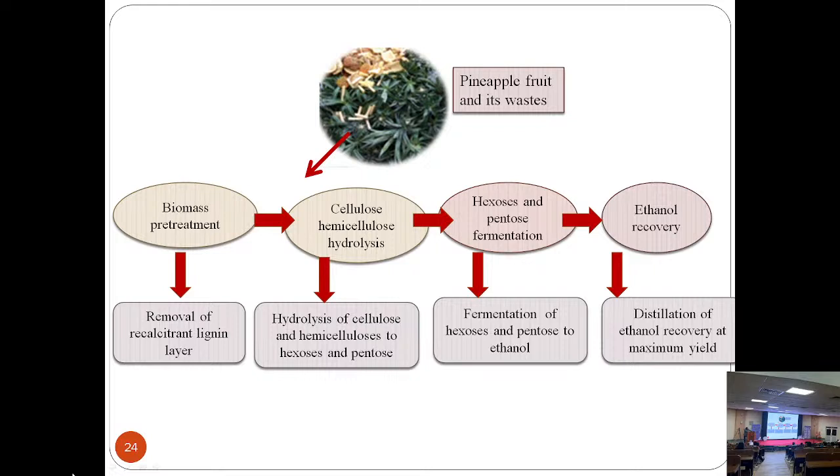The first step is that the recalcitrant lignin part has to be removed, because lignin has no role in biofuel production. Then two parts remain, cellulose and hemicellulose, which are converted with the help of biotechnological tools through fermentation, to produce bioethanol. Now step 3.